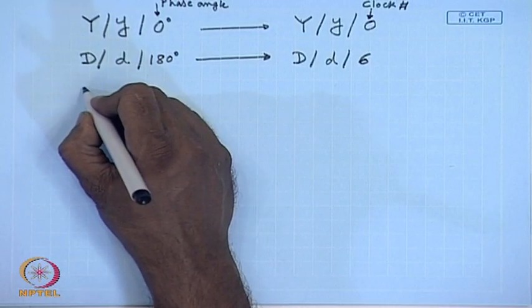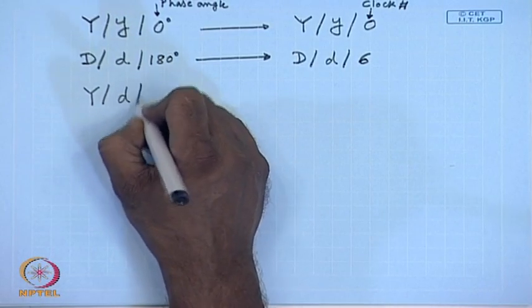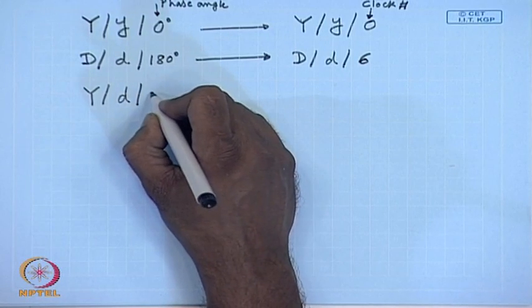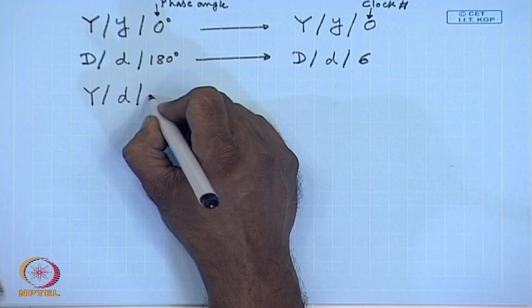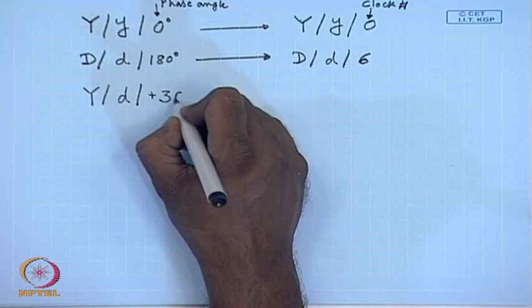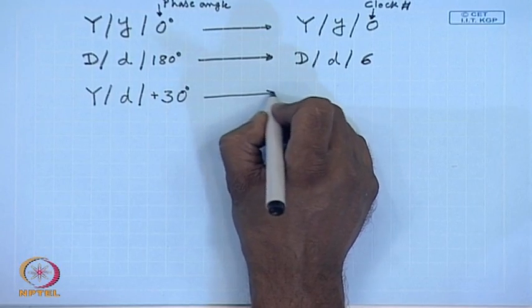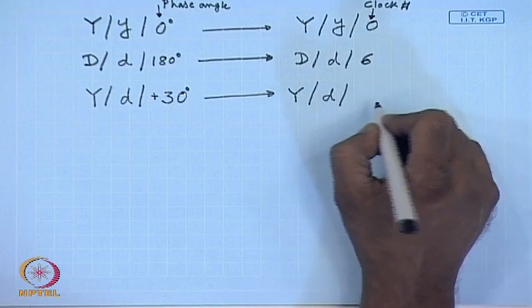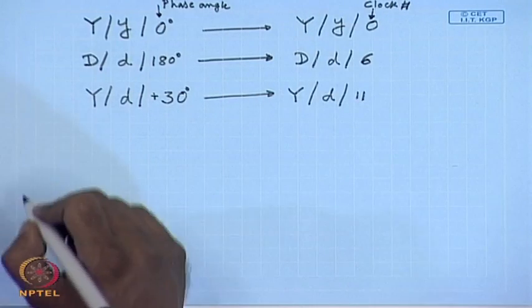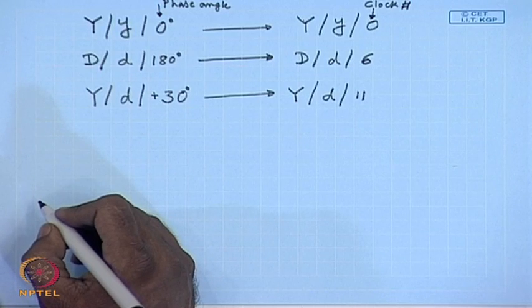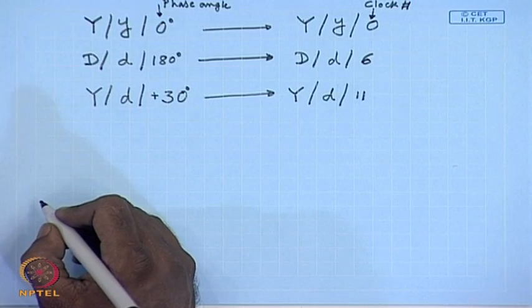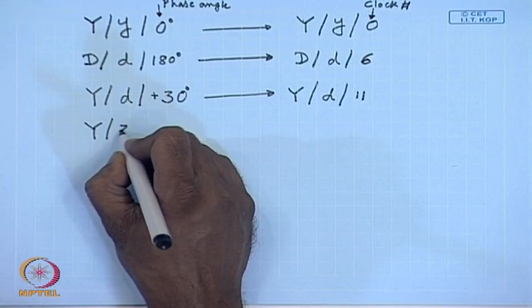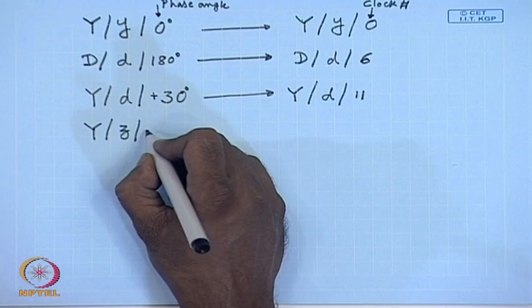Let us say Y D plus 30 degree. The corresponding clock number representation will be Y D 11. Let us say Y Z minus 30 degree.